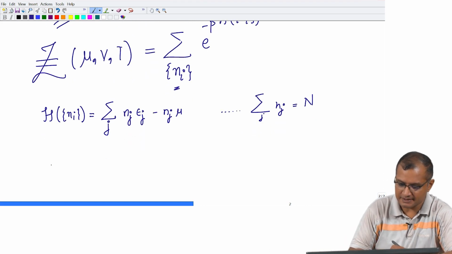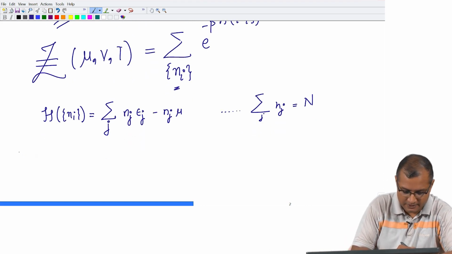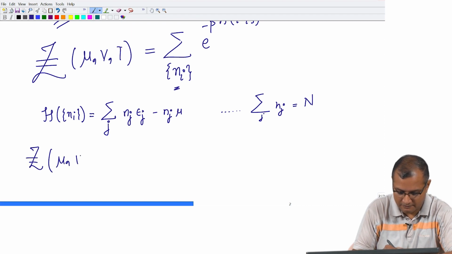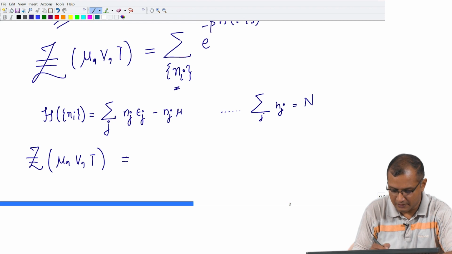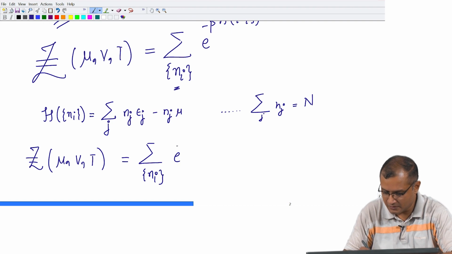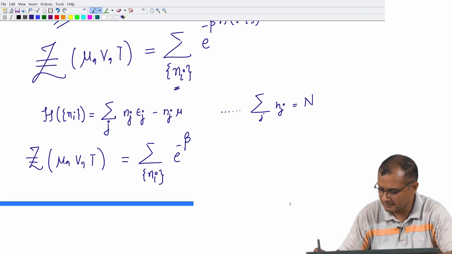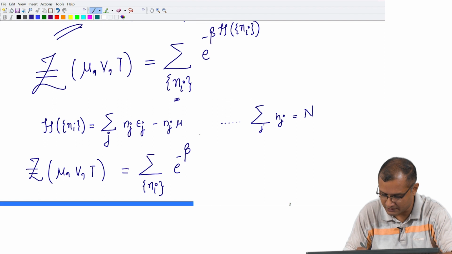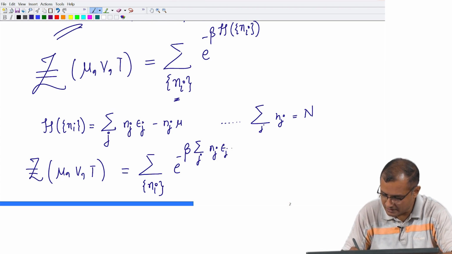So, if you plug this in the above expression, our grand canonical partition function now becomes a summation over all the microstates of e raised to minus beta, and I am plugging the Hamiltonian here, summation over j of nj into Ej minus mu.